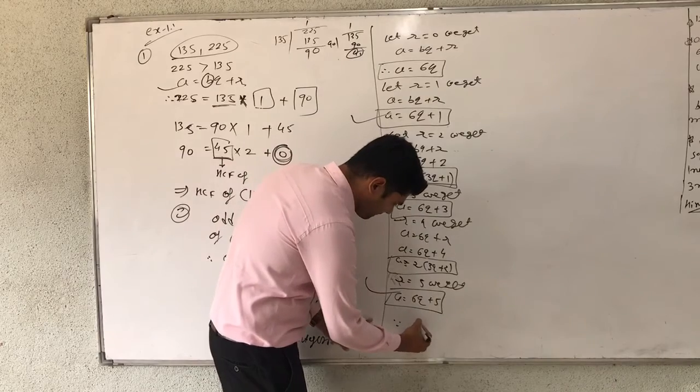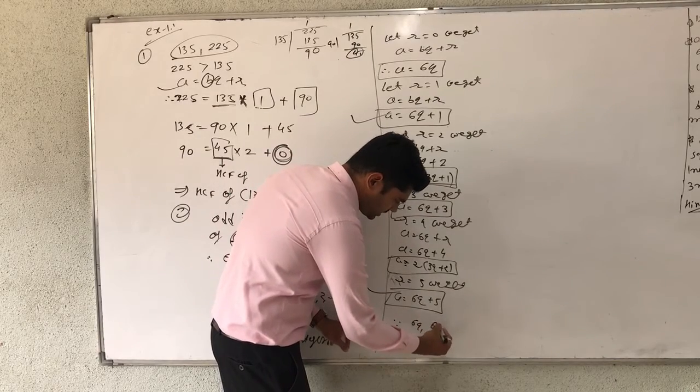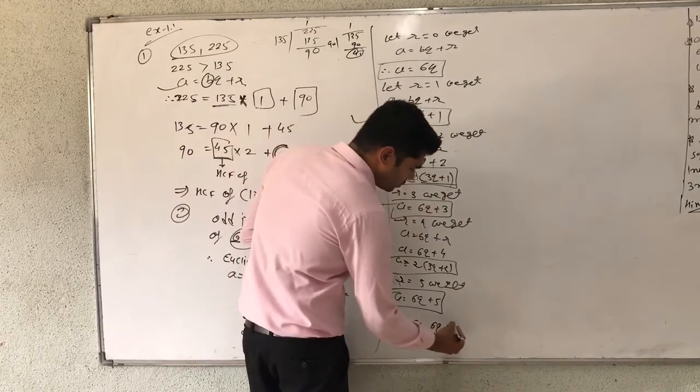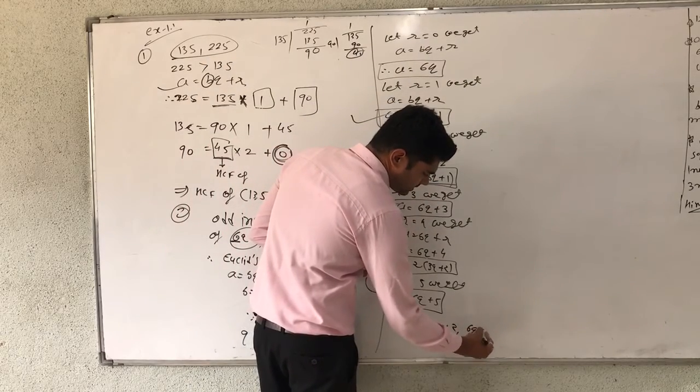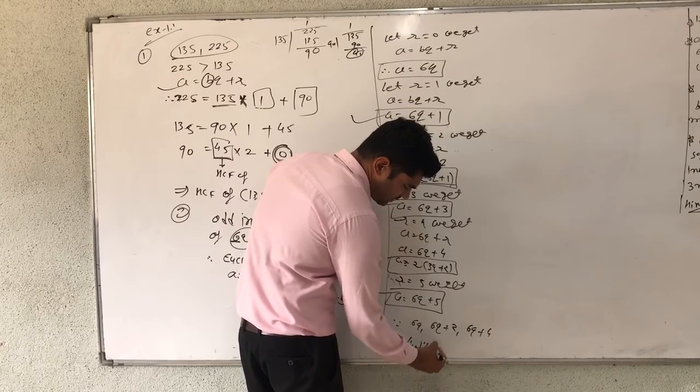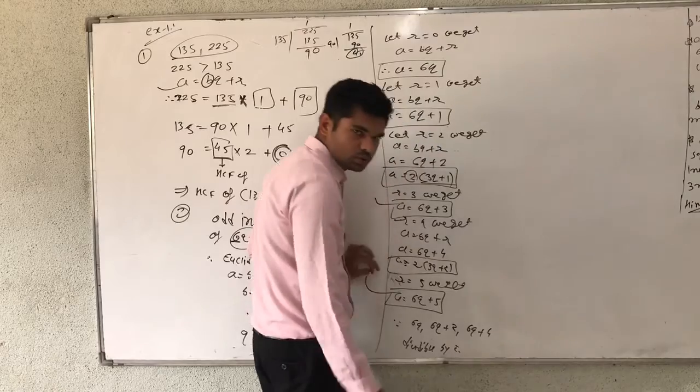So 6q, 6q plus 2 and 6q plus 4 are divisible by 2.